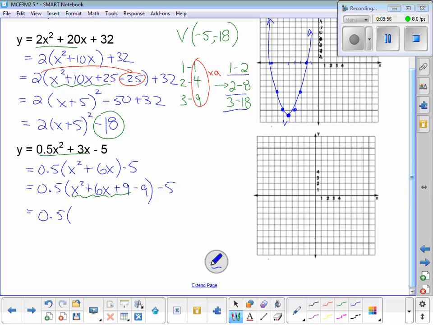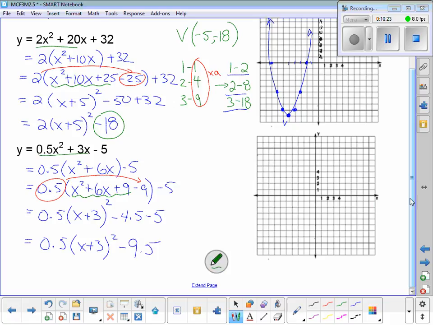So we have 0.5 and this will become (x plus 3) squared from our factoring. Please remember that 0.5 and the last number need to be multiplied together because we're not using it. So it'd be negative 4.5 minus 5. Final answer, 0.5(x plus 3) squared minus 9.5.